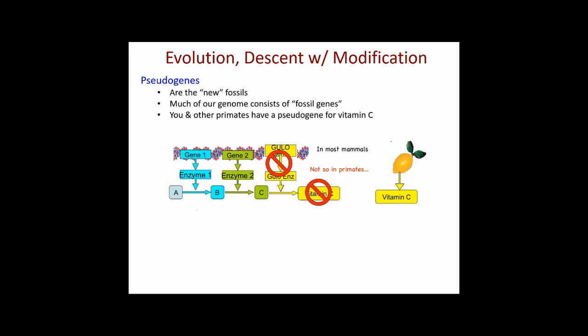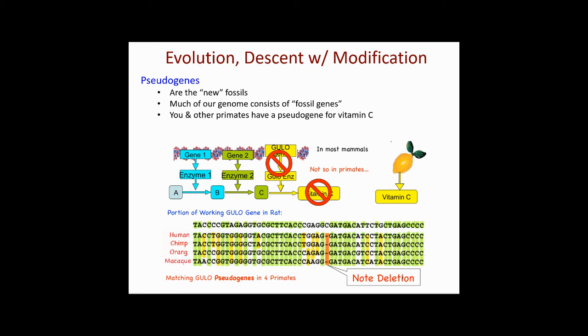But this is another really great example of micro and macro evolution kind of coming into play. We have to eat fruits and vegetables high in vitamin C to get the necessary amount for normal healthy function, but that's not the case in all animals. You can see here, this is the genetic code of the working GULO gene in a rat.